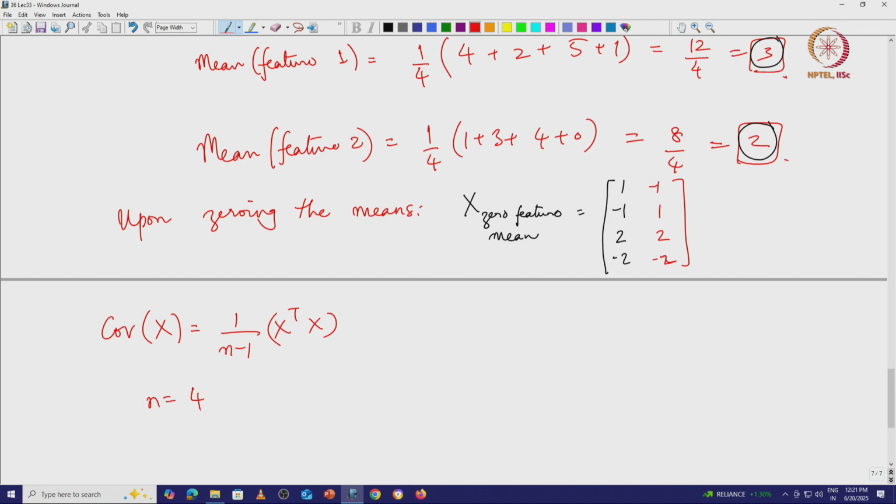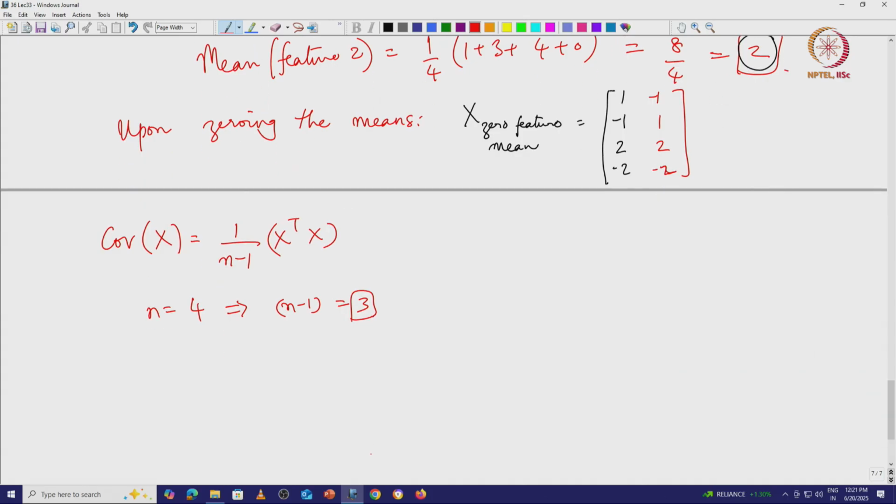There are 4 data points, so essentially n minus 1 is 3. So you have to divide everything by 3, although again for mathematical convenience, I will not do it. The directions of the eigenvectors will not change, but typically it is recommended that you work with the covariance matrix. So because of mathematical simplicity, I will directly compute X transpose X and then look at the eigenvalues and eigenvectors of X transpose X.